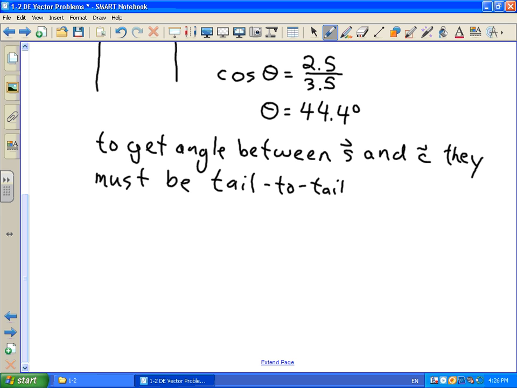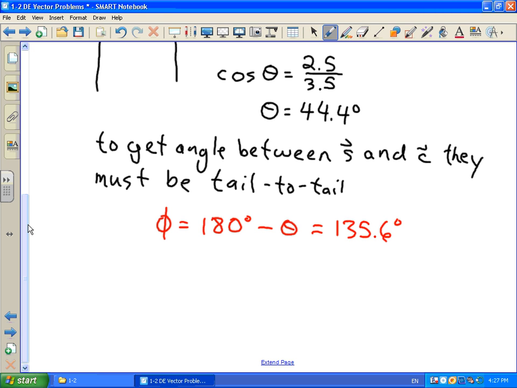So the angle that we want is this angle phi, which is going to be 180 degrees minus theta, which works out to be 135.58 degrees. Or, sorry, I guess we don't have as many places of accuracy, so 135.6 degrees if we did 44.4 before.